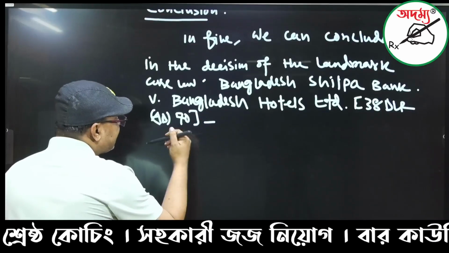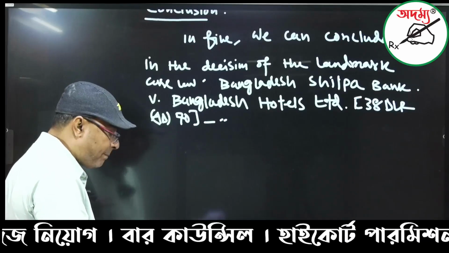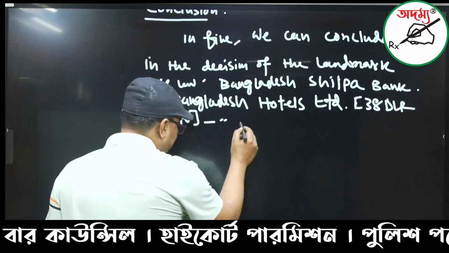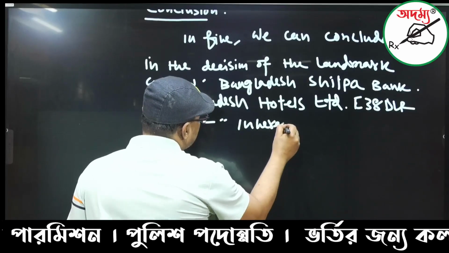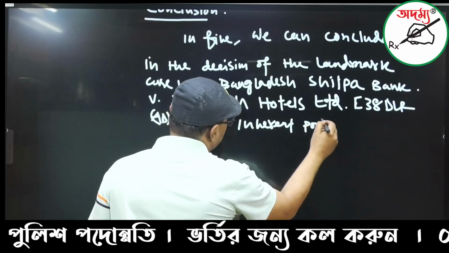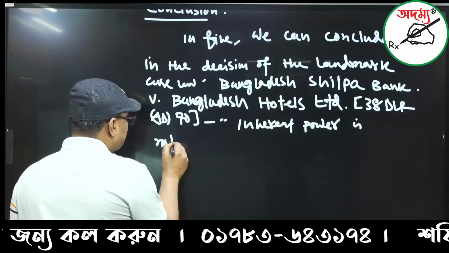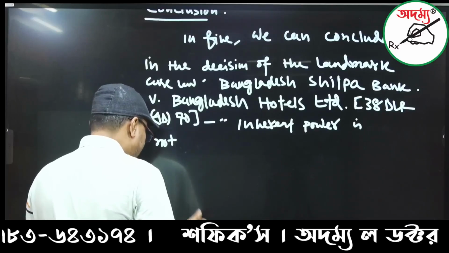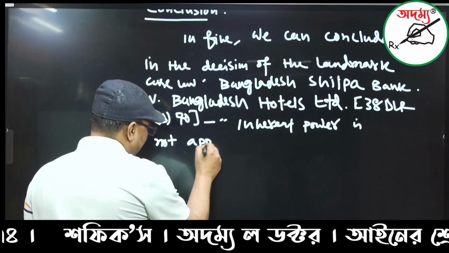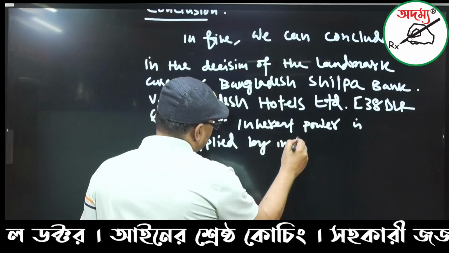So what exactly is the thematic approach here? It is quite clear to us that this principle, this doctrine, the inherent power of the court, is not applied by invoking.